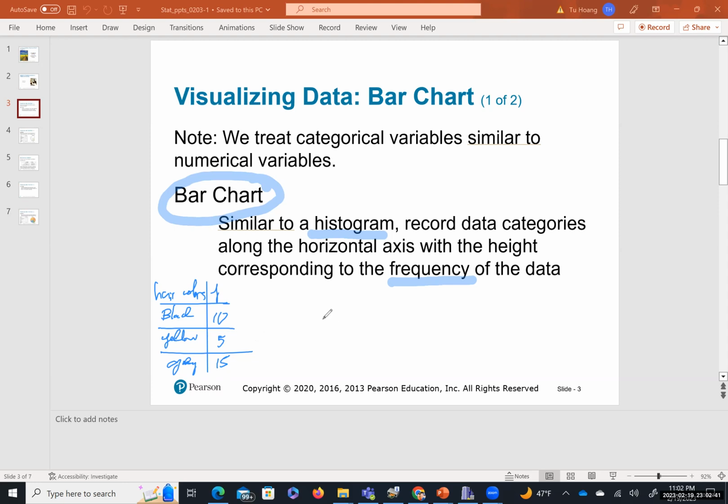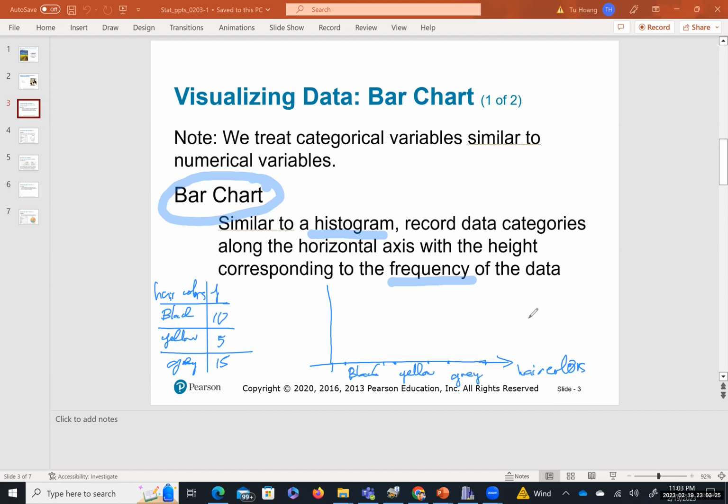So when we draw the bar chart, we can have horizontals for the hair colors. So one is for black. Then another one I can separate with a gap. We don't need to make them stick together, to make it easier to see. And the other is going to be yellow, and the last one gray, right?